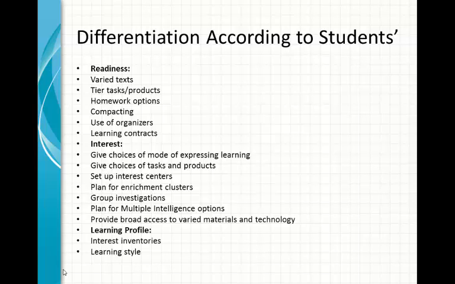Differentiation with interest: giving choice of mode of expressing learning, giving choices of tasks and products, setting up interest centers, planning for enrichment clusters, group investigation, planning for multiple intelligence options, providing broad access to varied materials and technology. And differentiated learning profile: take interest inventories and notice learning styles.